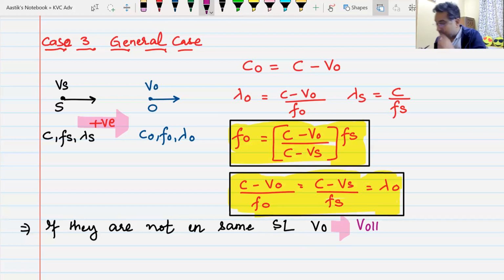What do you mean by VO parallel? Velocity of observer which is parallel to velocity of sound source. Velocity source? No. Think again.